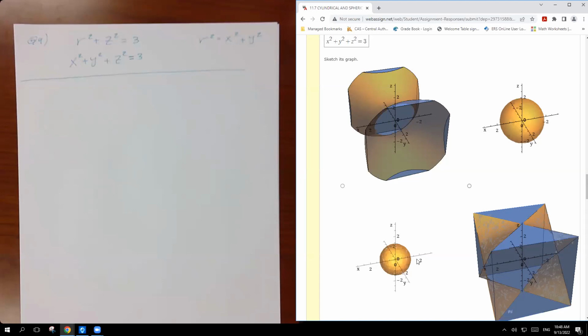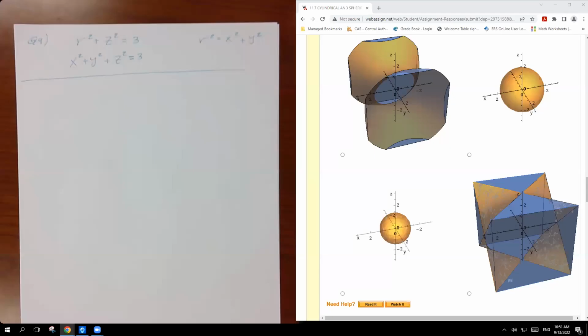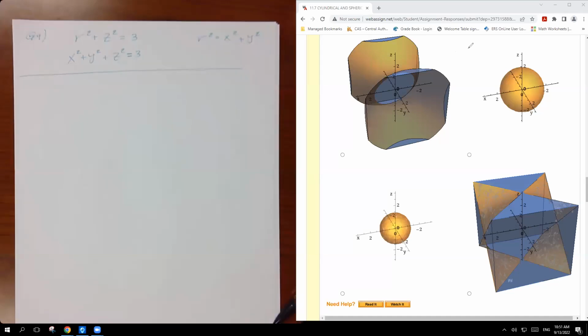This one or this one? Okay, I'm going to choose this one. I'm talking about radius equals the square root of 3, which is about 1.7.